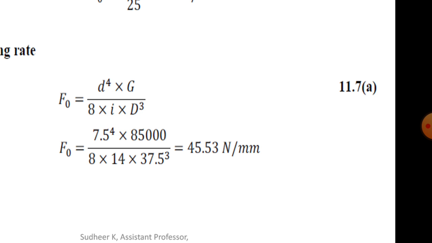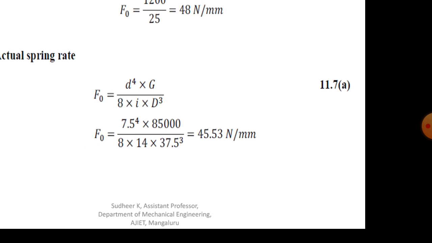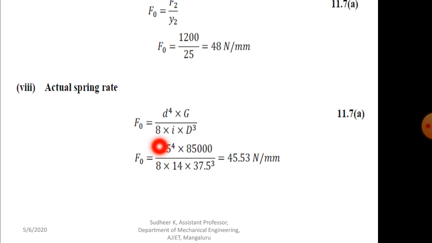This expression we already derived. So F0 is 7.5 to the power 4 into 85,000 divided by 8 into 14 into 37.5 to the power 3, which is equal to 45.53. This is the actual spring rate of the spring.